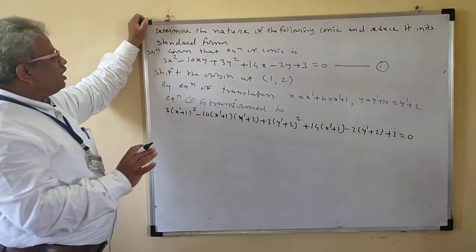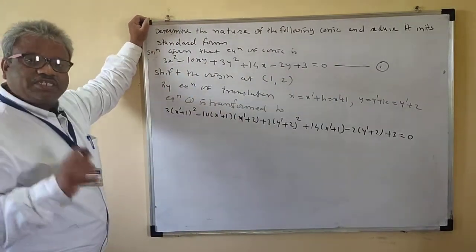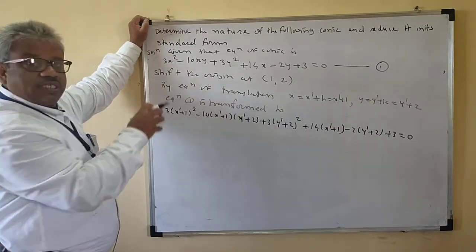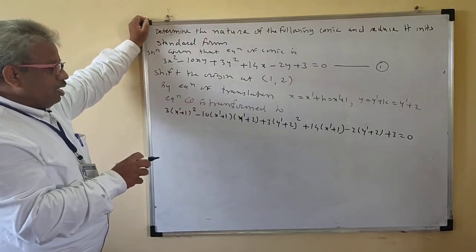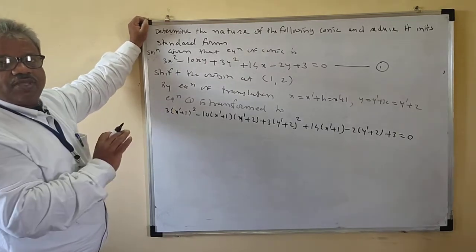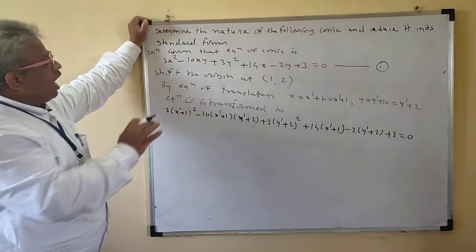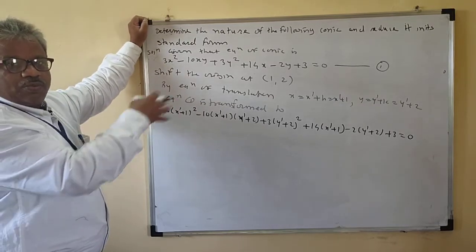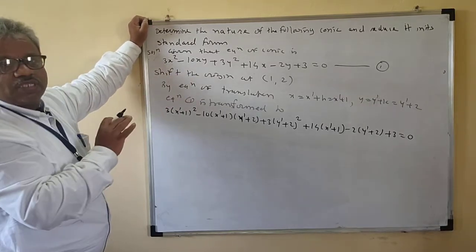Okay, how to simplify this? Directly, we have shifted the origin to the center of the conic. That means you don't have the first degree term, and when you shift the origin to a particular point, it will not affect the coefficients of the second degree terms.